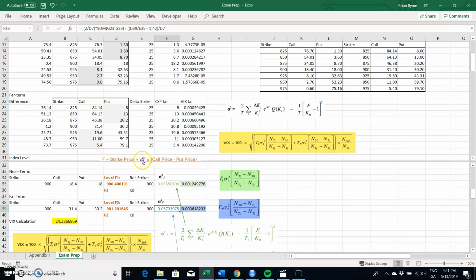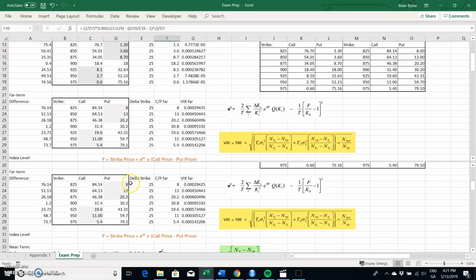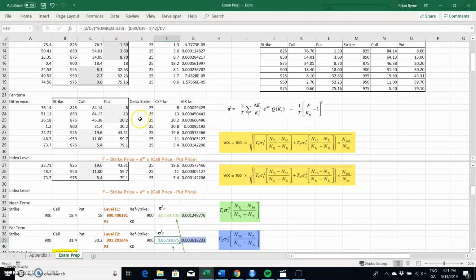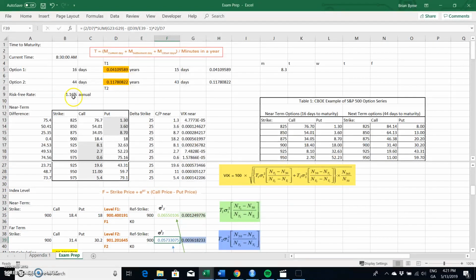We multiply by e to the rT, where e is the exponential term, with the risk-free rate of 1.16%, and T would be for the longer time period.